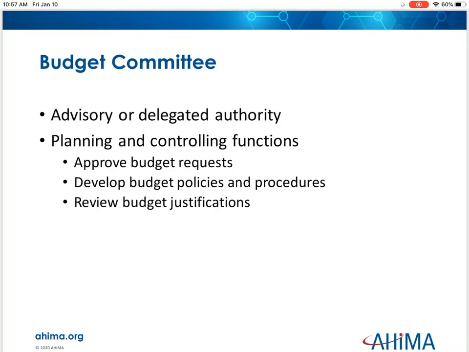Well, they aren't all going to get it. So a cost justification comes into play here, because these departments then have to come in and say, okay, this is why we need to purchase this, because we're going to gain this much revenue, or we can see this many more patients.